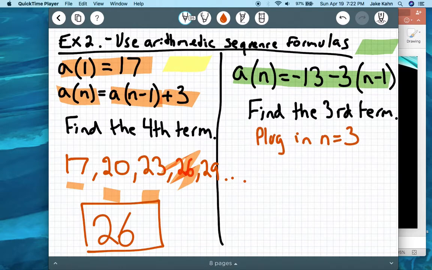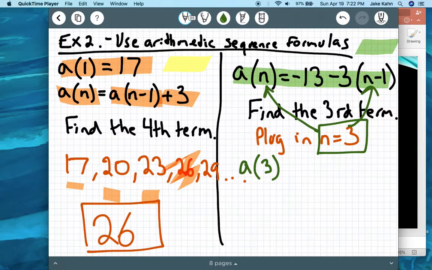Really straightforward, actually. So let's plug in n equals 3 right here and right here. We get a of 3, meaning the third term, is equal to negative 13 minus 3 times 3 minus 1.